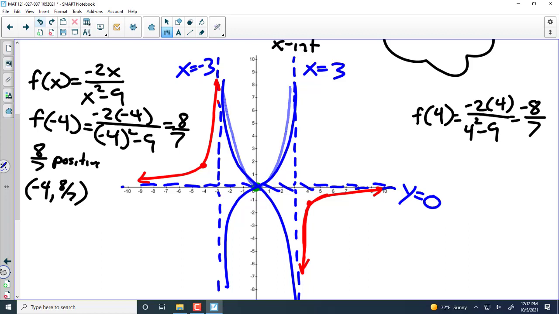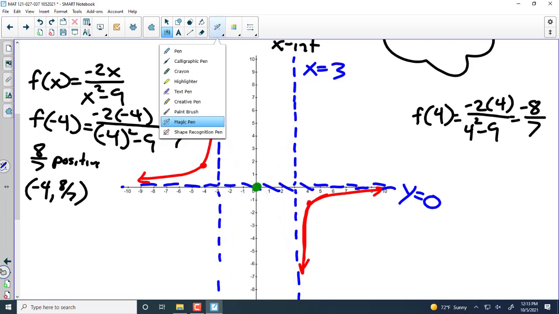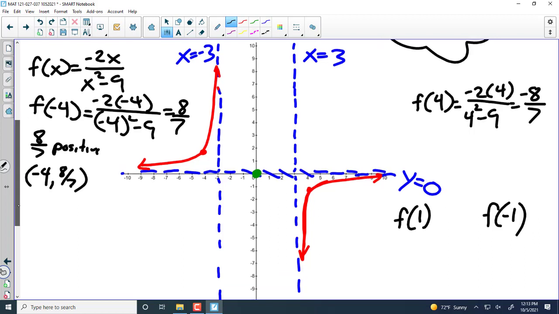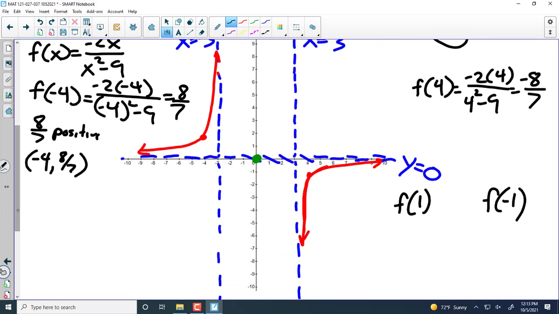So we're going to need a couple of values. We need to figure out where this thing is. So what we will do is plug some numbers into our function, like 1 and -1, to get a couple more ordered pairs. If we plug in 1, we will get -2 over -8.